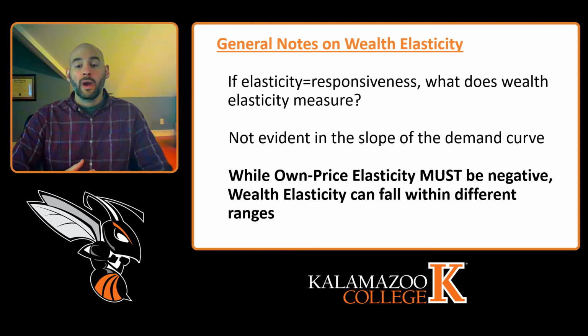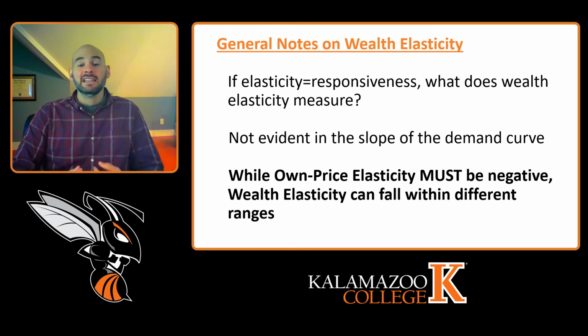And so whereas the own price elasticity is evident in the slope of the demand curve, we can't just look at a demand curve and make any inference about the wealth elasticity of that good. And importantly here, while own price elasticity must be negative, wealth elasticity can fall within different ranges.